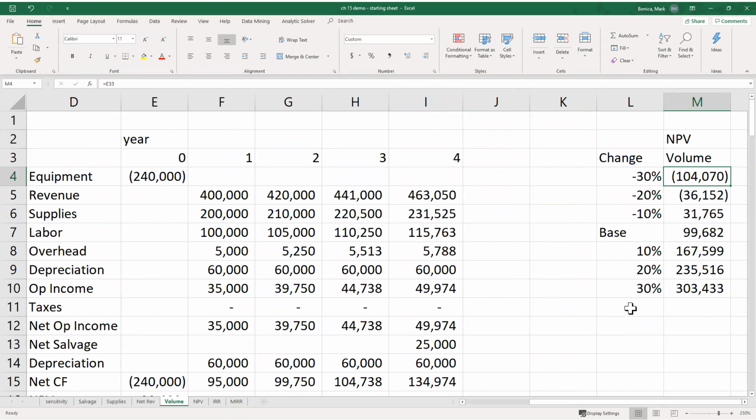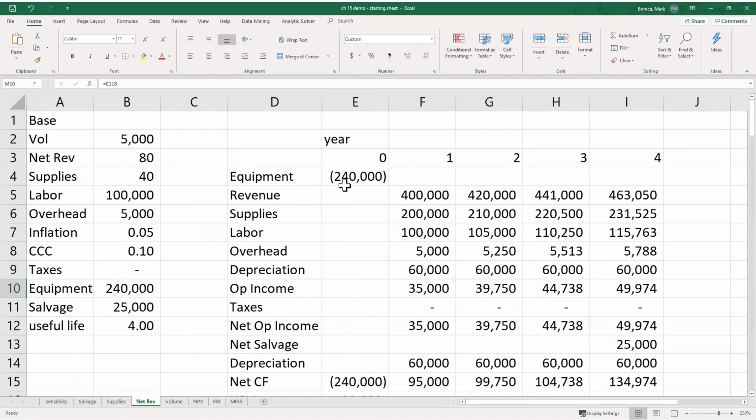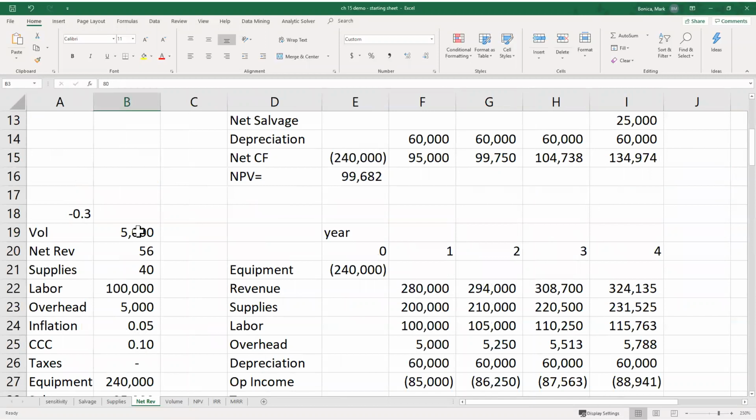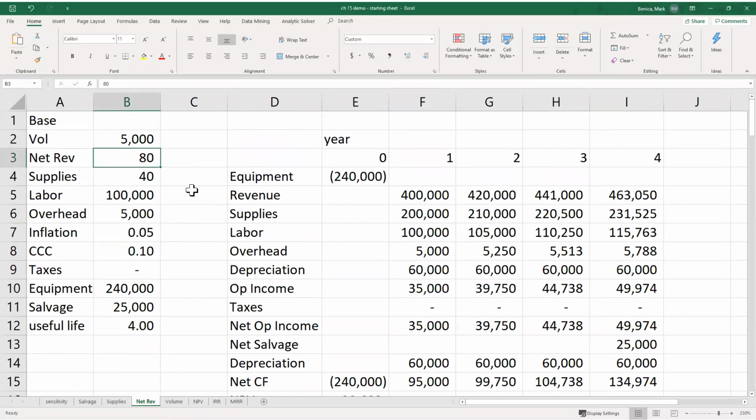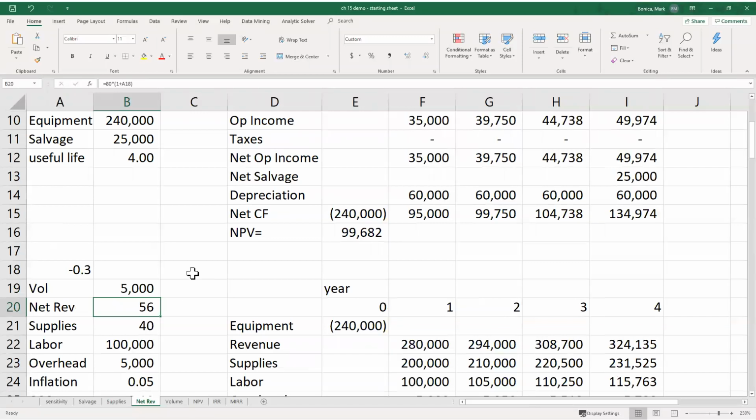Again, when you're doing sensitivity analysis, you build your base case, and then you make changes to one variable, holding all the other variables constant. So we did volume, then we did the same thing with net revenue. Instead of changing the volume assumption, we changed the net revenue per visit assumption. We went from a net revenue of 80 to 70% of 80, which is 56, and asked how that impacts the result.